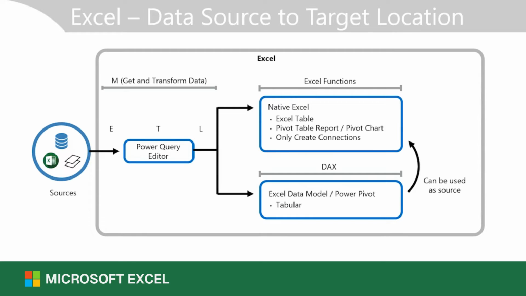We won't be covering the Excel data model in this particular fundamentals course, but we wanted to highlight it in this diagram for completeness so that you get a sense for all the different places we could put things inside of Excel. To round out the diagram, we'll notice the gray line right above the native Excel blue bubble, and these are all the Excel functions which you've likely used for some period of time if you've been playing around with Excel.